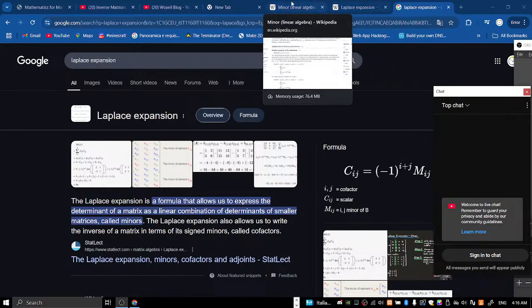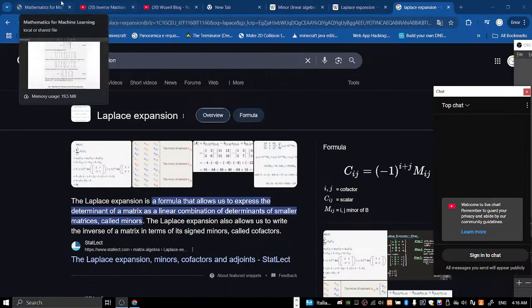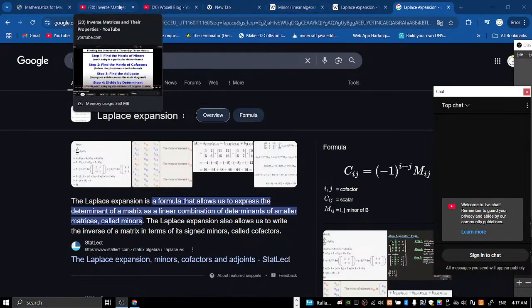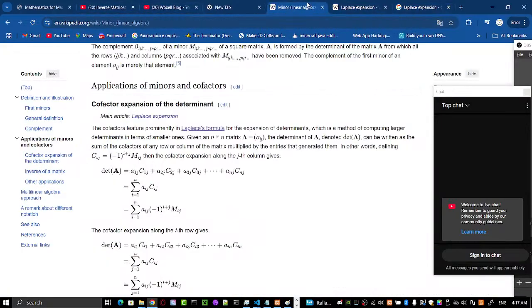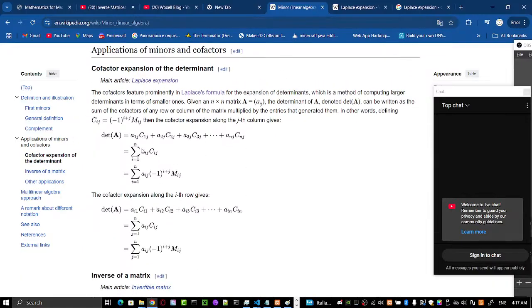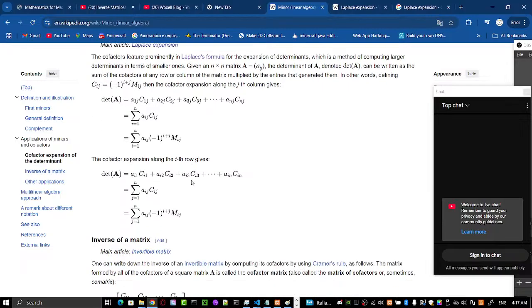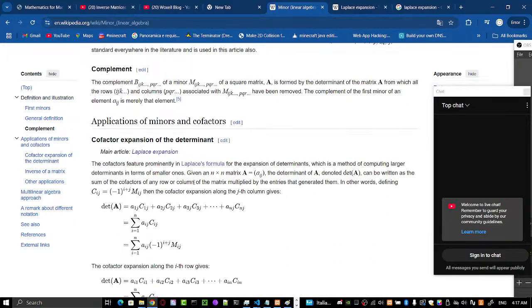So, oh god, I lost. So we have the Laplace formula, right? This is applied right here to get the cofactors.